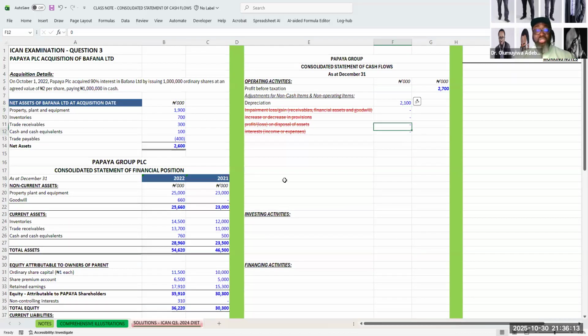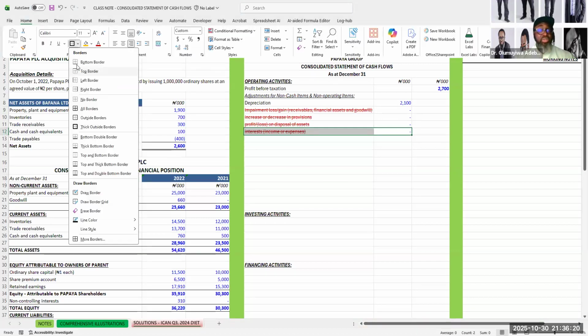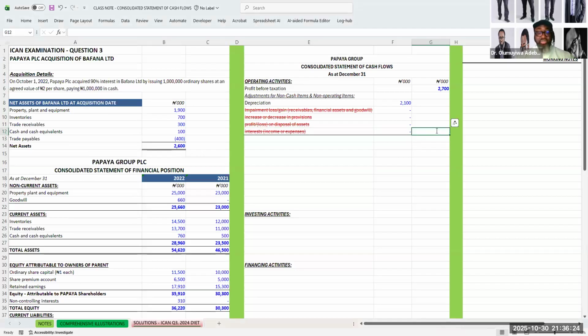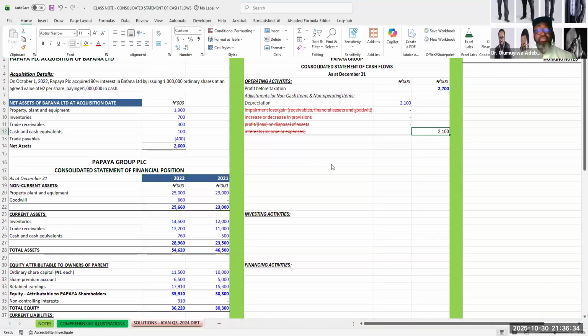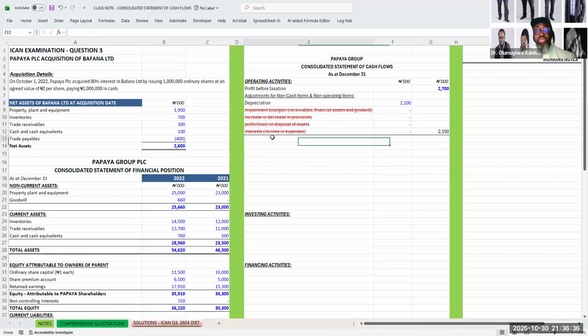Now, since there's no other item here, I need to add all of those items as an adjustment to my profit. And if that is the case, what do I have here?